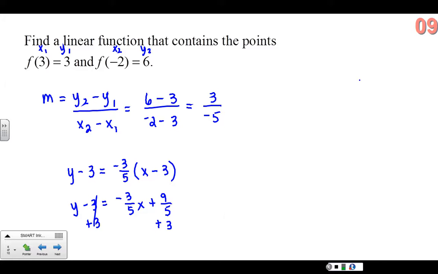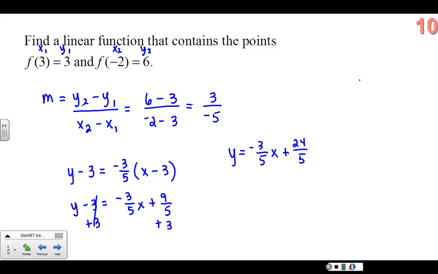Now you can use your calculator if you want to do this, or you can get a common denominator and combine your fractions. 9/5 plus 3, I'm just going to punch it into my calculator. I got 4 and 4/5, which we know is a mixed number. I want an improper fraction. 24/5. If you get a mixed number on your calculator, all you have to do is do your shift or second function key, hit your fraction key again, and it will change it to the improper fraction.